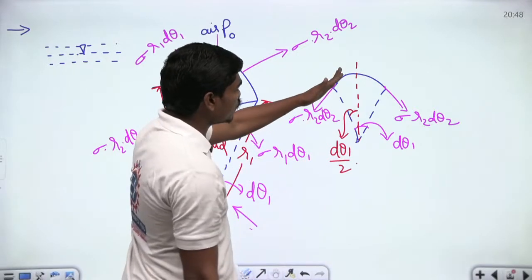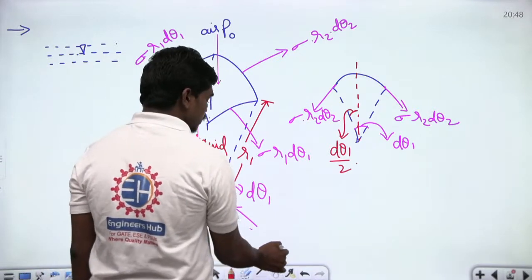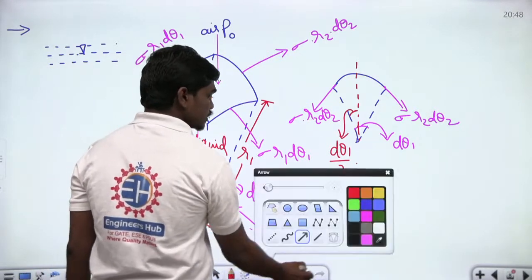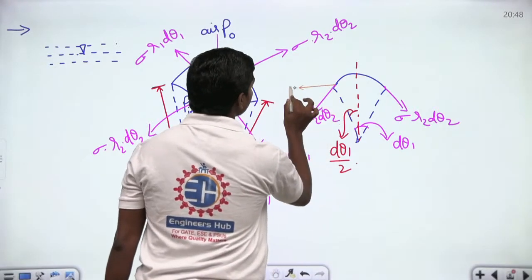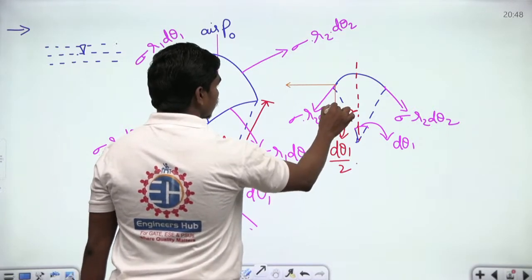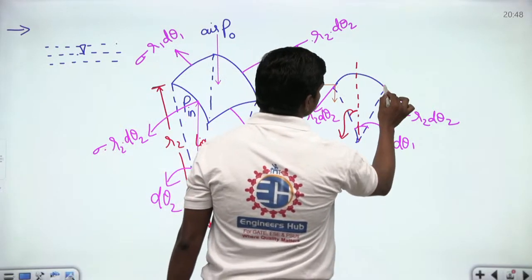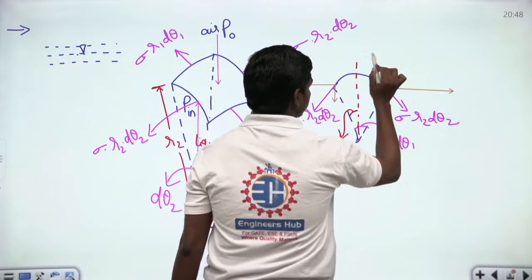Now, let us resolve these forces into horizontal and vertical directions. Look carefully. Resolving this horizontally and resolving this vertically. Similarly here, resolving this horizontally and resolving this vertically. Now see carefully.